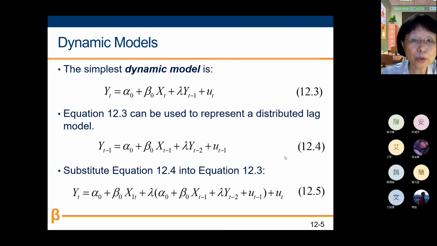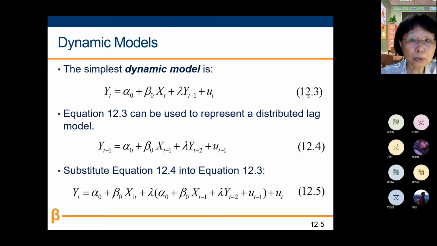Now substitute equation 12.4 into equation 12.3, meaning I replace y_{t-1} with this whole part, because this is the expression of y_{t-1}, into the place of y_{t-1} in equation 12.3. You see what I'm saying here?